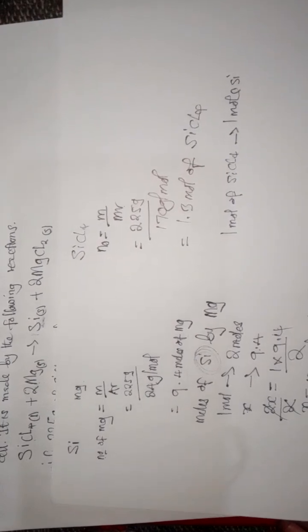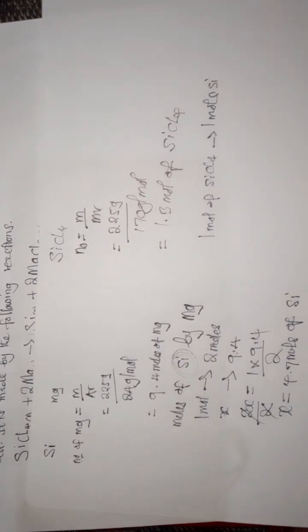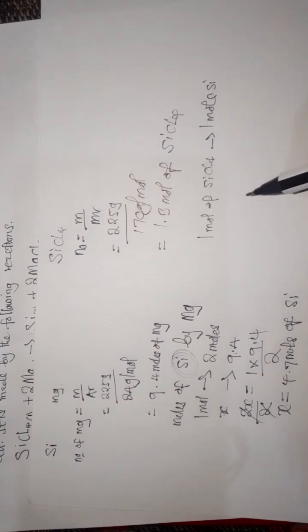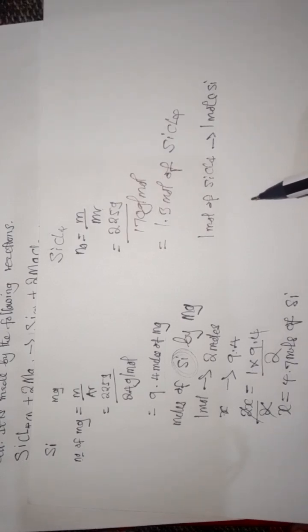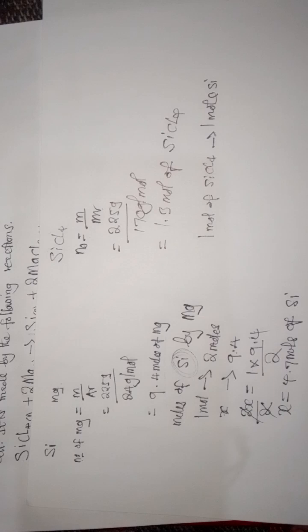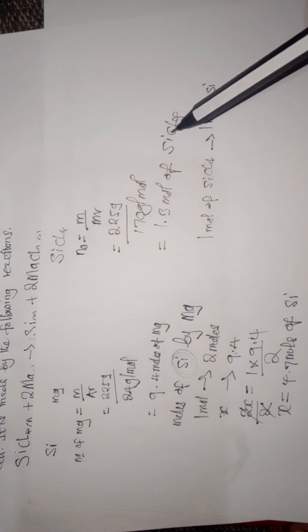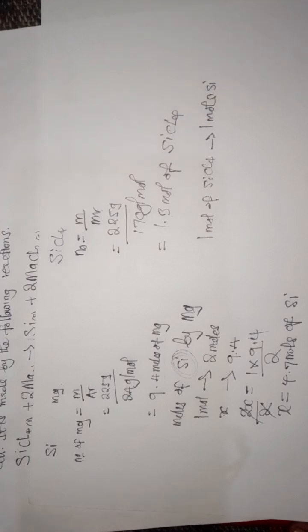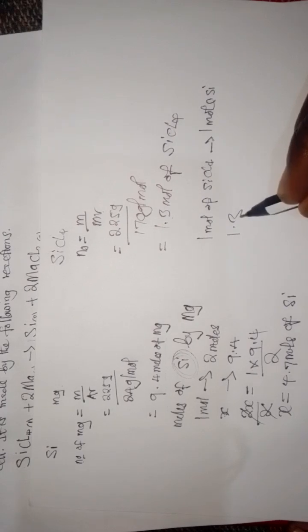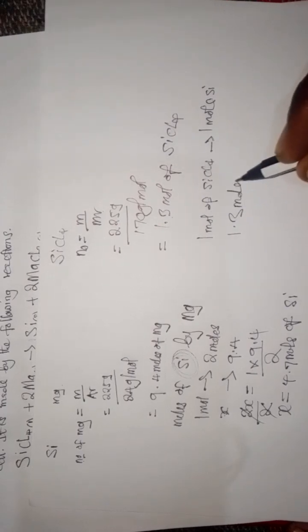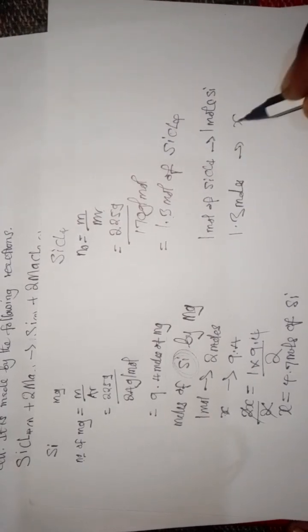Then what do we do next? We can say now the number of moles that we have. Remember on top there we have found the number of moles of this chlorate. So we can say 1.3 moles is equal to x.